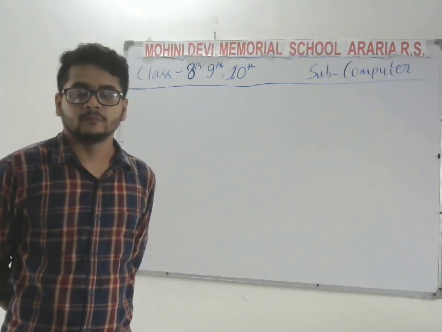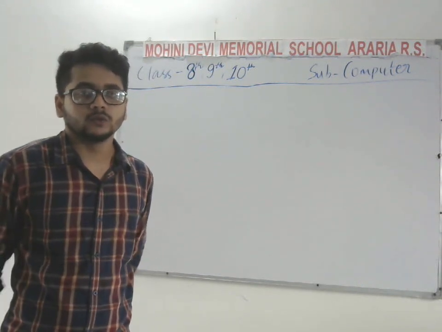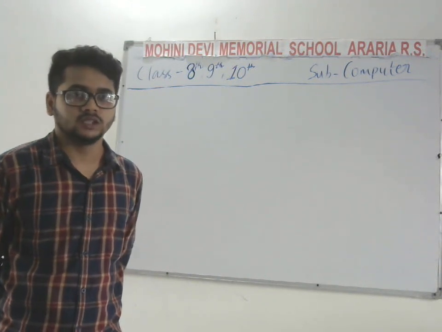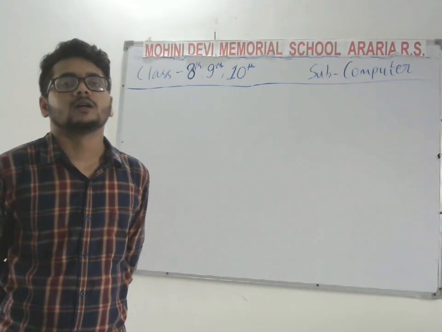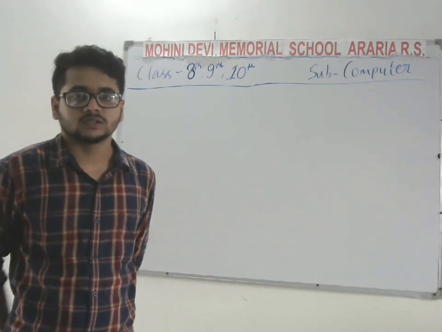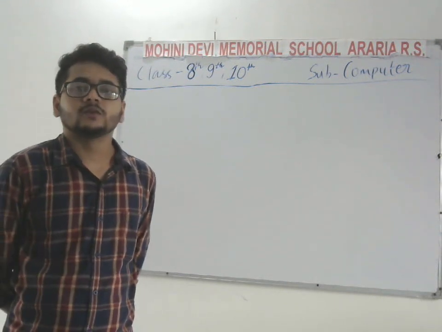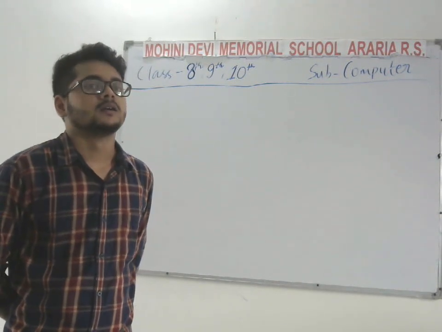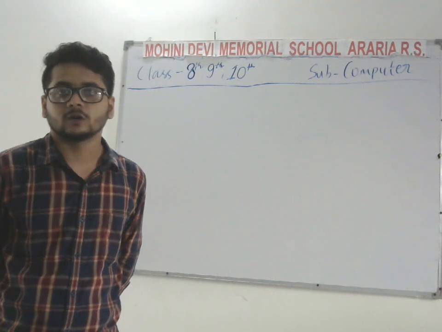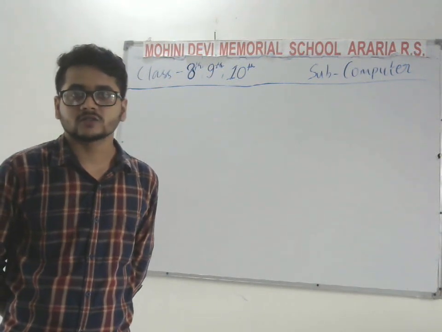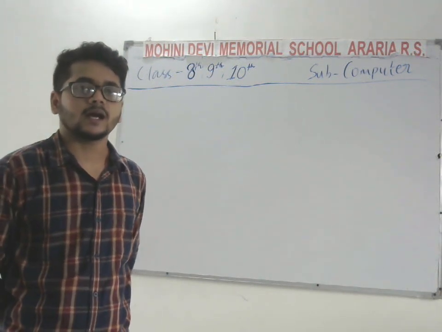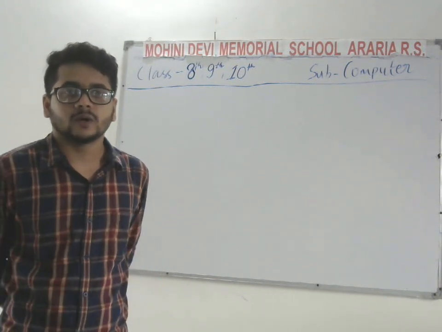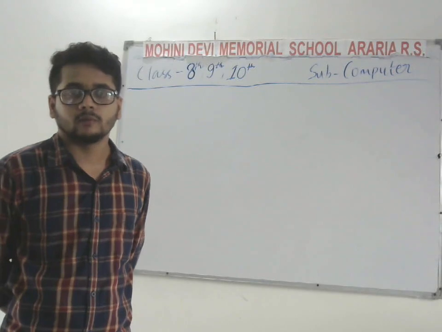Before that, we need to first understand the concept from lecture number 3. You remember I told you about the concept of wires, that one wire can represent two different data. I also gave you the formula that if we have n number of wires, then we can represent 2 to the power n number of data, starting from 0 to 2 to the power n minus 1.